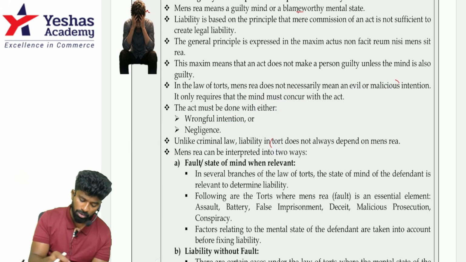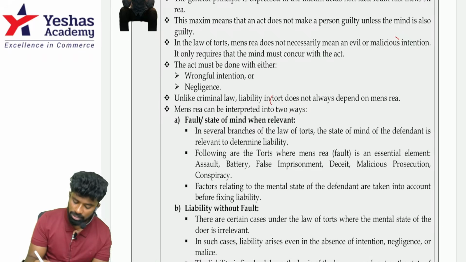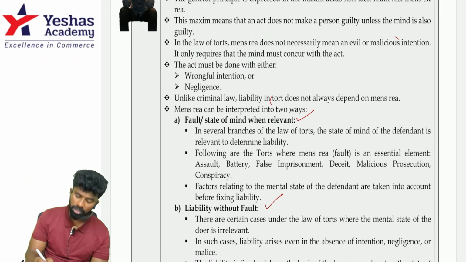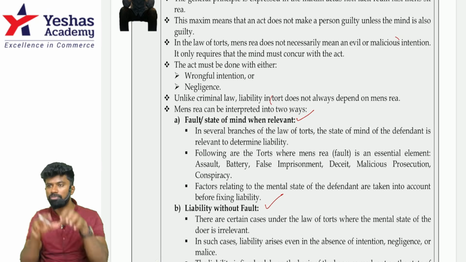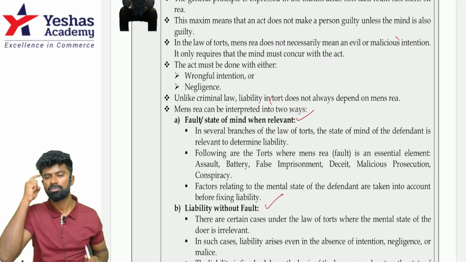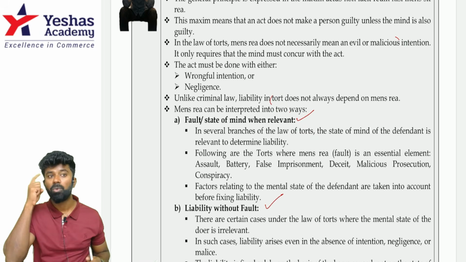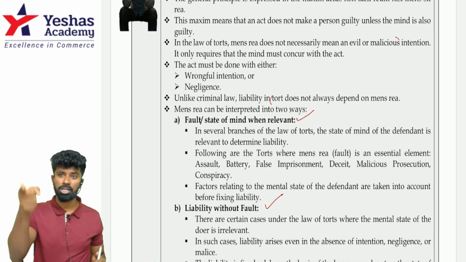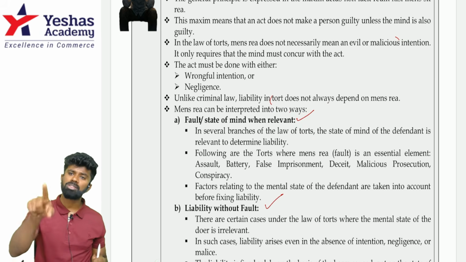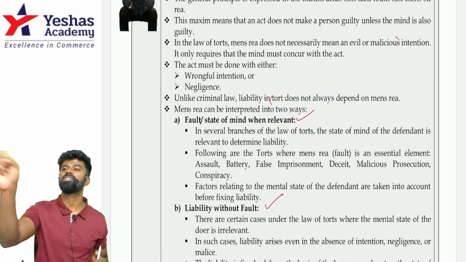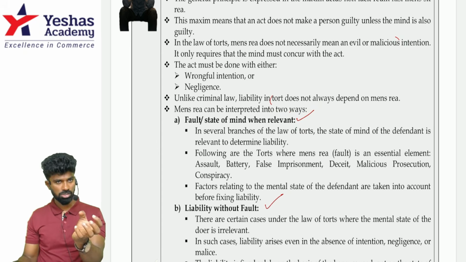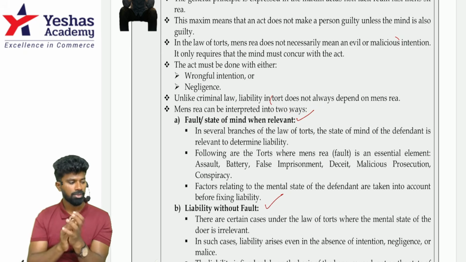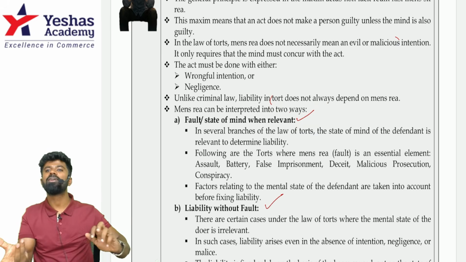What is the first one? Fault where state of mind is relevant, and fault where state of mind is not relevant. In a few torts, mens rea is relevant. There are few torts where mens rea is not relevant.